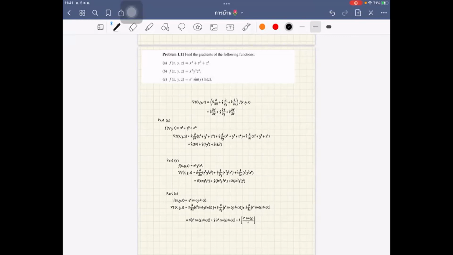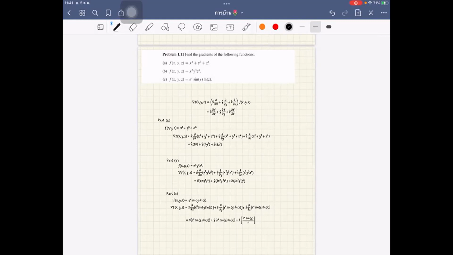So we got 2 times x x hat plus 3 times y square y hat and 4 times z power 3 z hat. Did you get it? Yes. Okay.